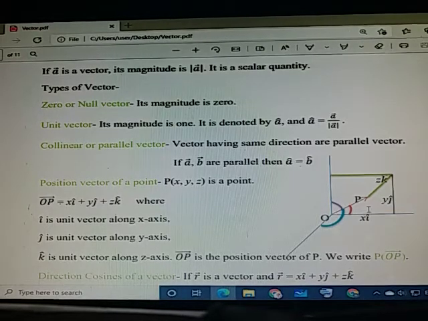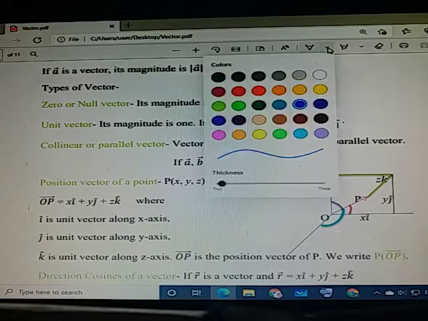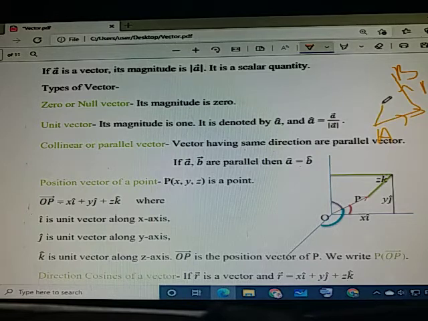How will you get the position vector? We start from O and then we reach P. Suppose this is the starting point A, and from A you go along this direction to point B. The sum of these two vectors is obtained by joining the starting point and the last point, so this is vector AB.